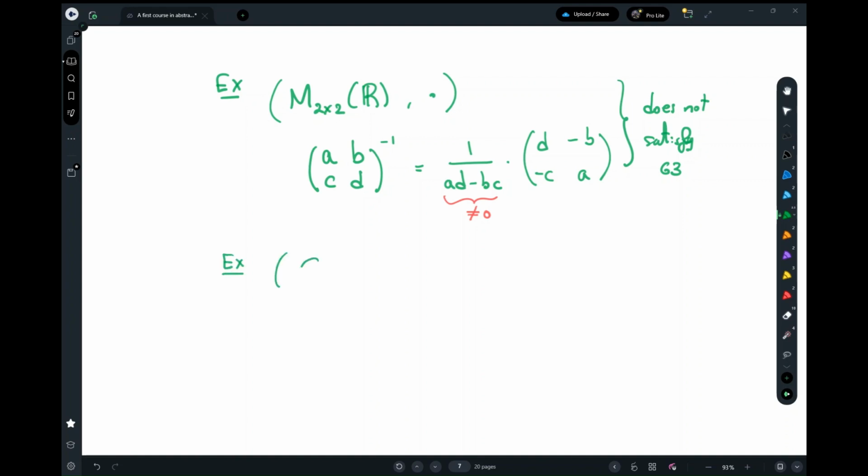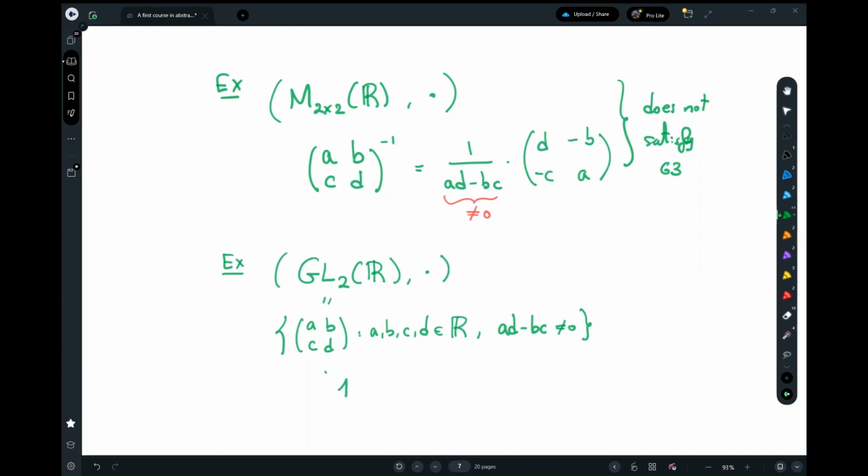However, if I restrict to what we call GL2 of R, which is 2 by 2 matrices with A, B, C, D real numbers, such that AD minus BC, the determinant, is non-zero, then this does satisfy that there are inverses, it's associative, there is a 1.